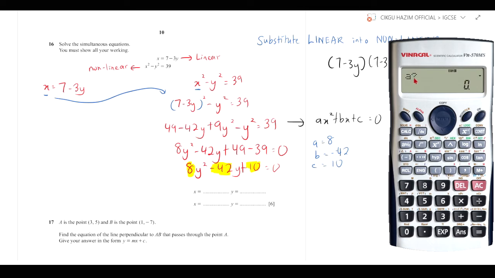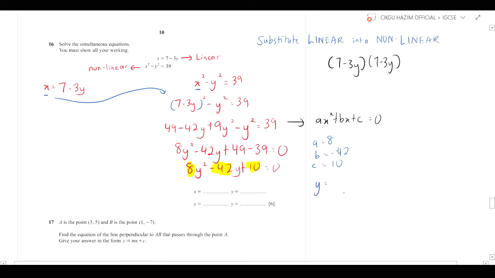Then put in the values: a equals 8, b equals negative 42, c equals 10. You press equal. You're going to get x1 equals 5 and x2 equals 0.25, or 1 over 4. Even though the calculator gives it as x, your value is y. So the first y is 5 and the second y is 1 over 4.